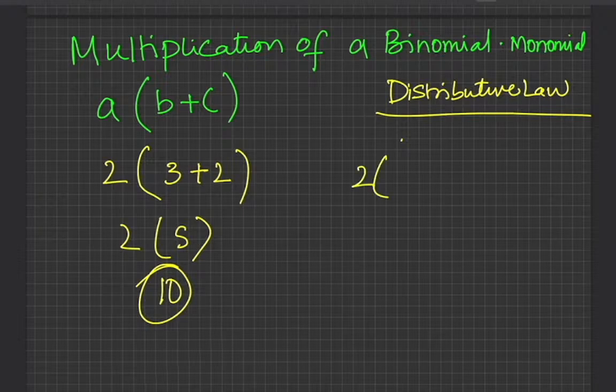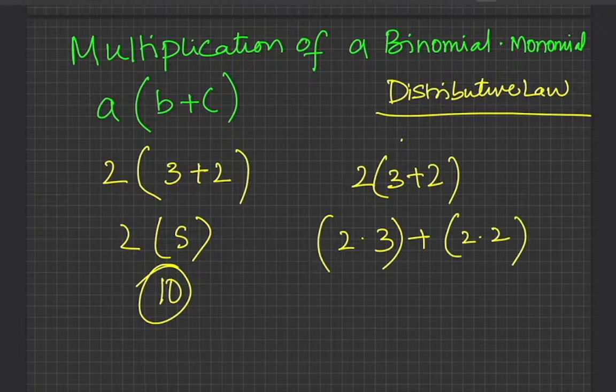So we have 2 times 3 plus 2. So what we do here is 2 times 3 plus 2 times 2. It gives me the same result. 2 times 3 is 6 plus 2 times 2 is 4, equal to 10. Right? So this is distributive law. So we just distribute. We just multiply individually.